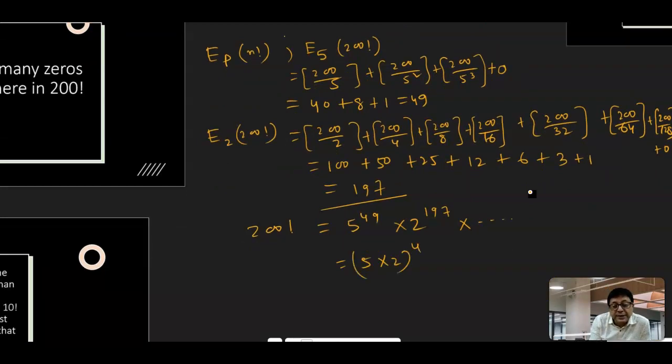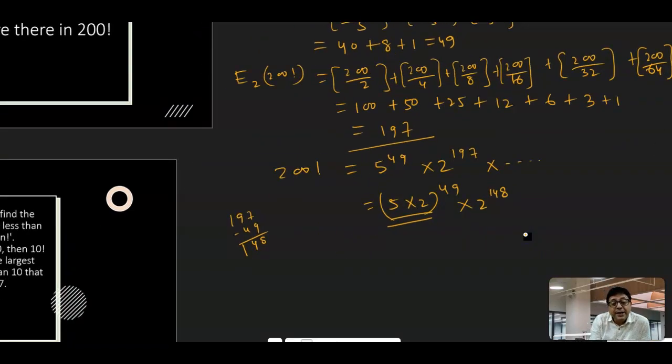It is 49 times. Then 2 to the power 197 minus 49, which is 148. 2 to the power 148. This 10 is occurring 49 times. So the number of zeros at the end of factorial 200 is going to be equal to 49.